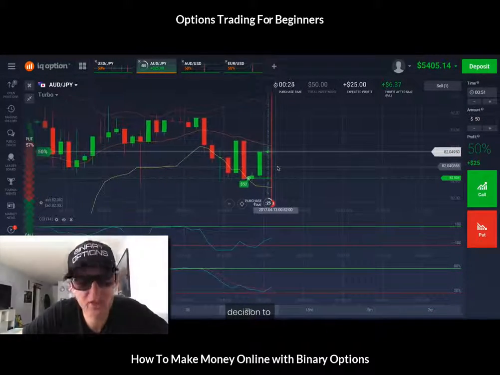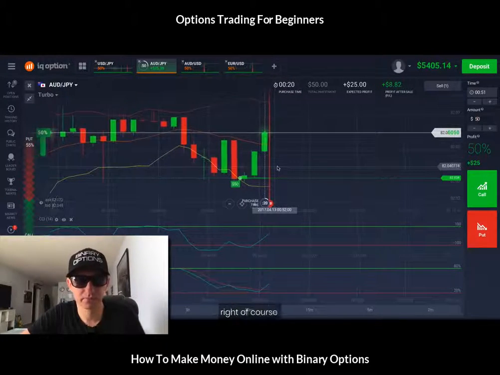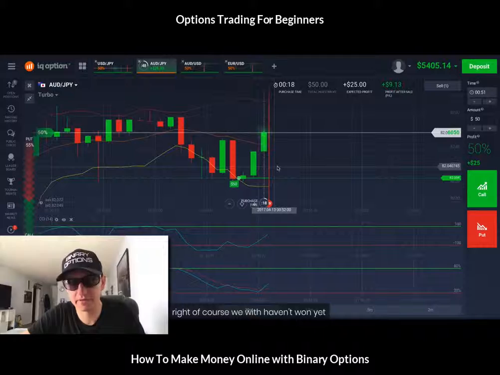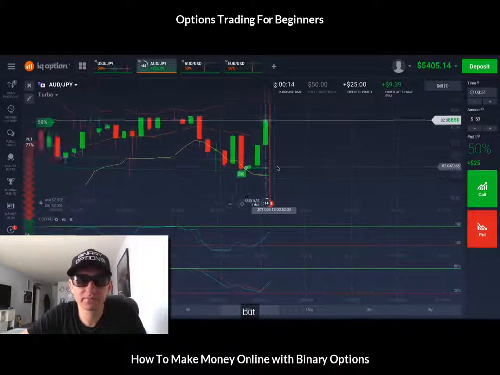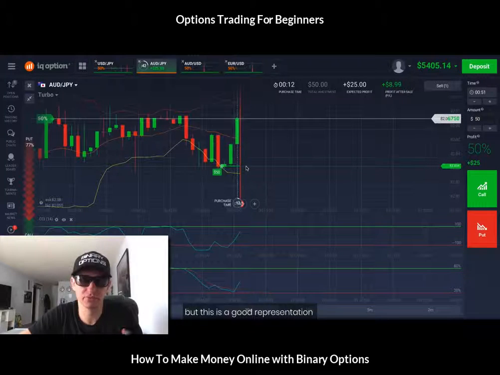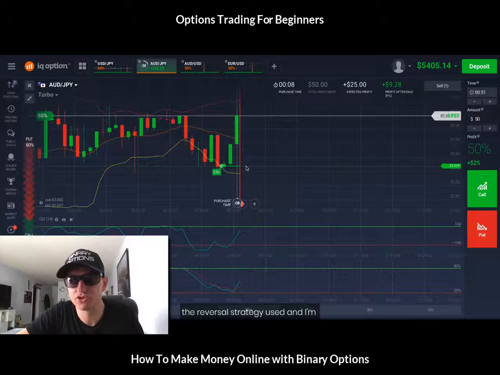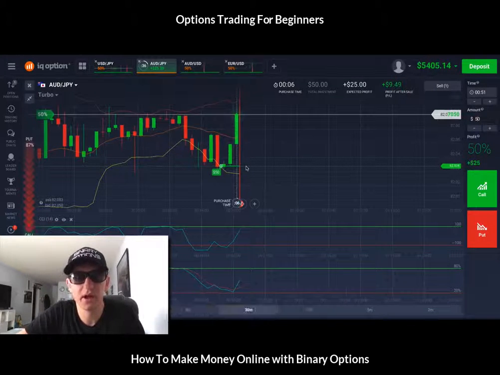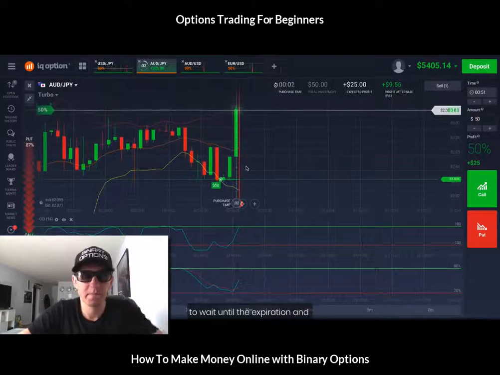And our decision to make the call stake was right. Of course, we haven't won yet. There are still like 50 seconds left, but this is a good representation of the reversal strategy use. And I'm gonna wait until the expiration.